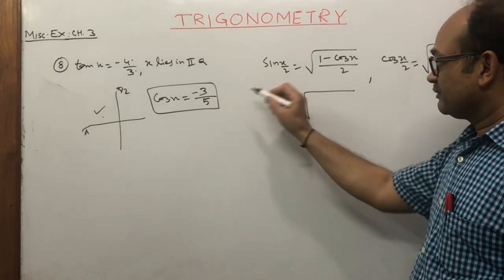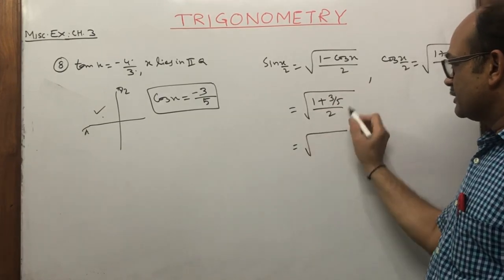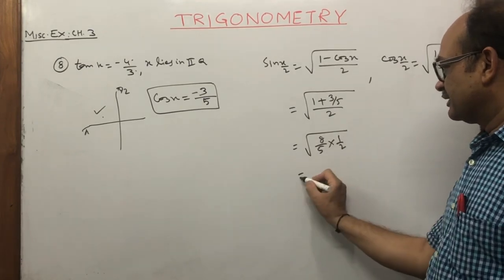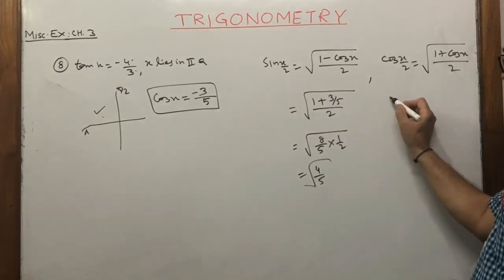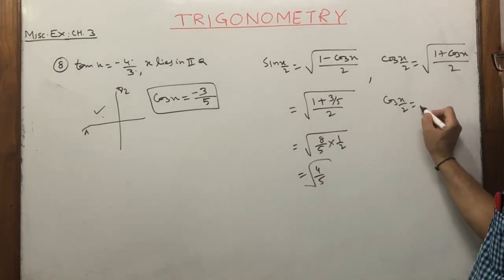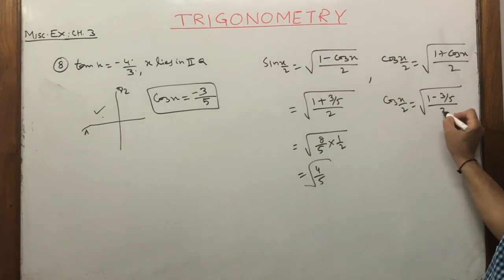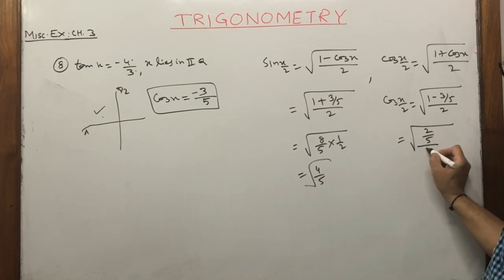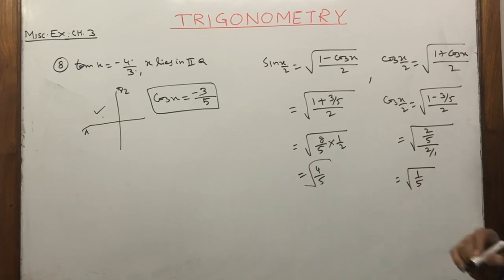Simply substitute 1 minus, so it will become plus, by 2: 5 and 3, 8. 8 by 5 into 1 by 2, that is 4 by 5. Similarly cos x by 2. The change is only 1 minus 3 by 5 by 2, that is 2 by 5 and 2 by 1, which is nothing but only 1 by 5.